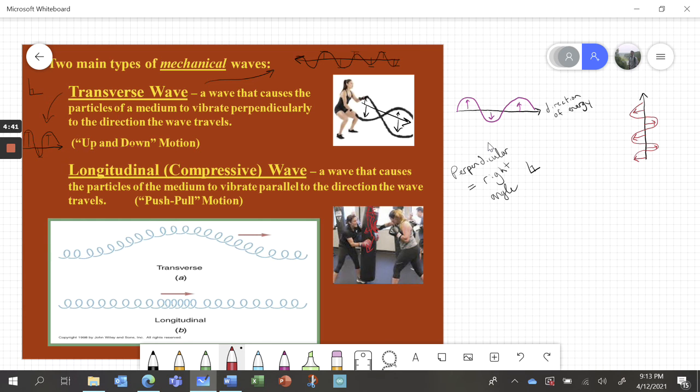Compression waves are most often how we actually move objects. When you push on something, okay, let's say this is your force, and you're pushing on a stick, the stick does not really act like a rigid object.